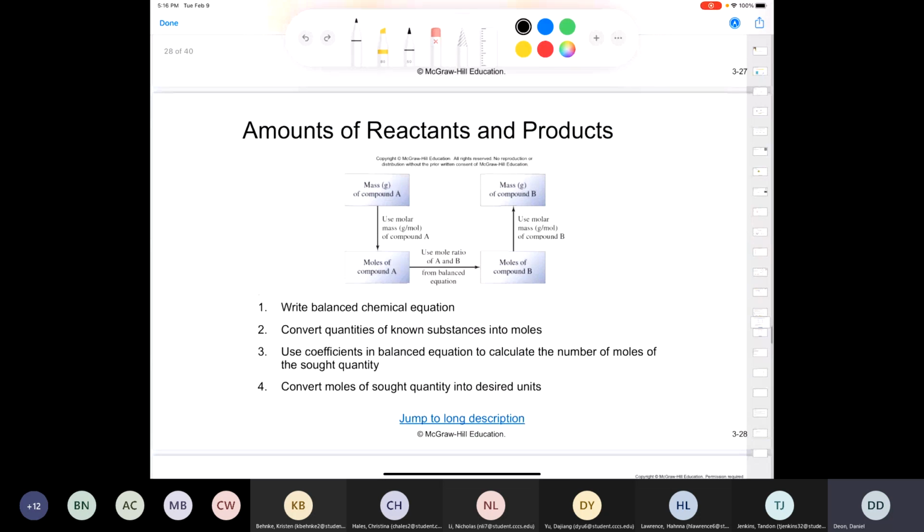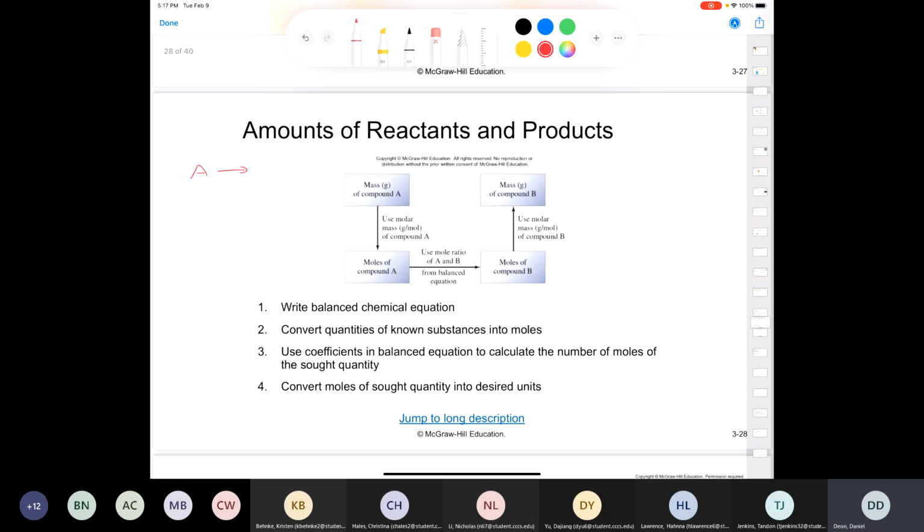Basically any general chemistry textbook on planet Earth, if you open up any book, you're always going to find some version of this figure. What they're saying is, let's make something simple.